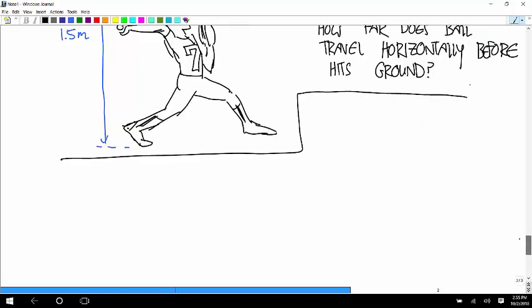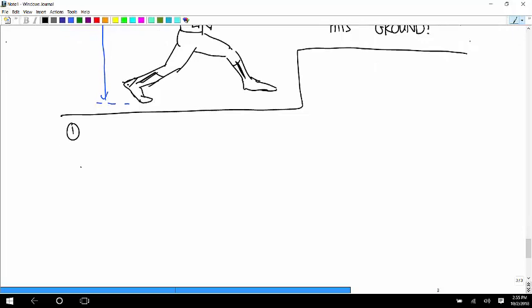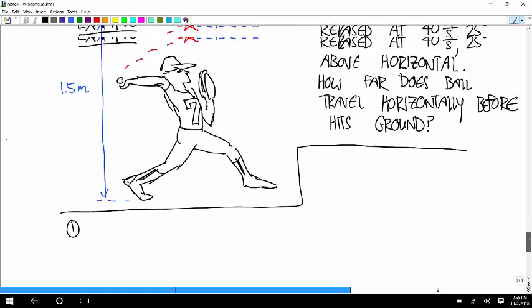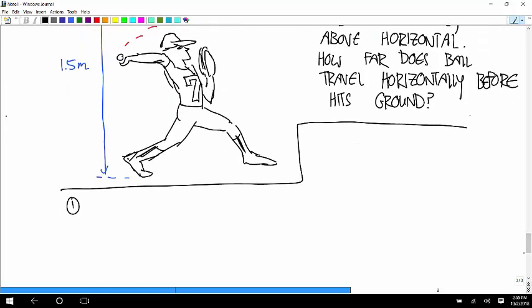And let's go through the steps. So the first step is we have to choose the origin location and the axis orientation. And we have to choose time equals 0 and time final. The stuff that went into choosing time equals 0 and time final in 1D is the same stuff that we use to make the decision now.